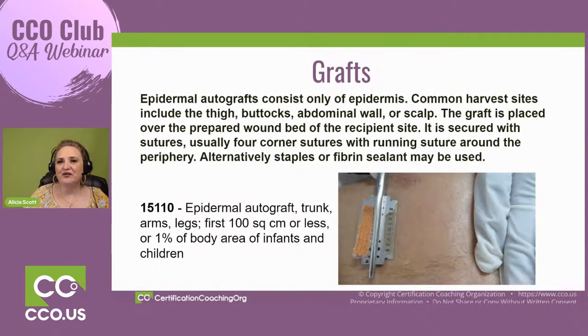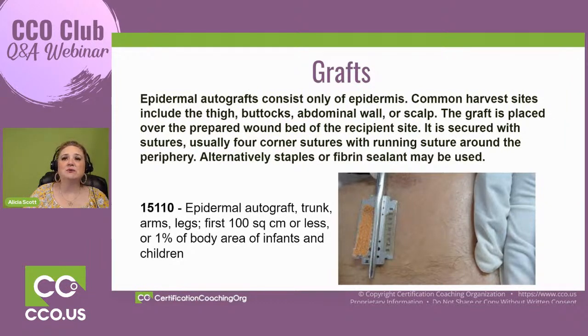Now, this is a different type of graft. This is an epidermal autograft, and it's only that top layer, the epidermis. Now, you'll notice in this graphic, what they did was they shaved the area, or they found an area that didn't have any hair. But this is literally, I kid you not, a razor blade, and they are going to take just the top layer of the skin, again from the same areas they like to use: thigh, buttocks, abdominal wall, or scalp.